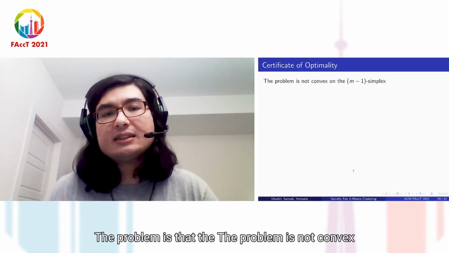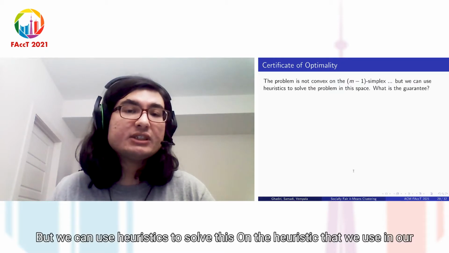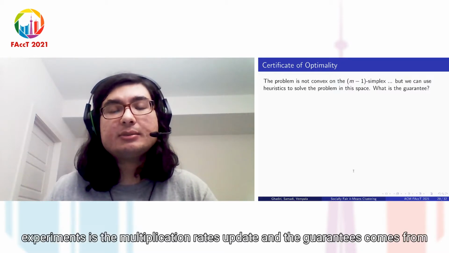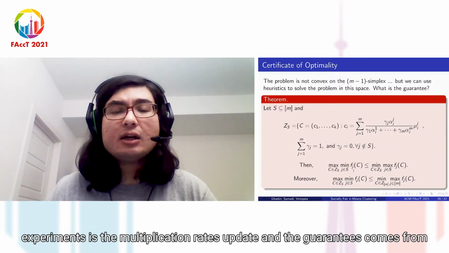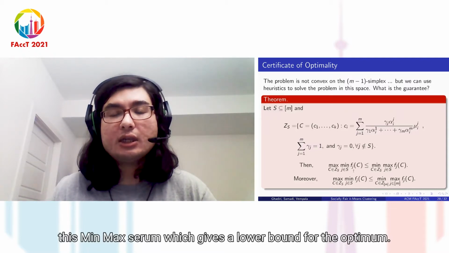The problem is that the problem is not convex in this m-1 simplex, but we can use heuristics to solve this. And the heuristic that we use in our experiments is the multiplicative weights update. And the guarantee comes from this min-max theorem, which gives a lower bound for the optimum.